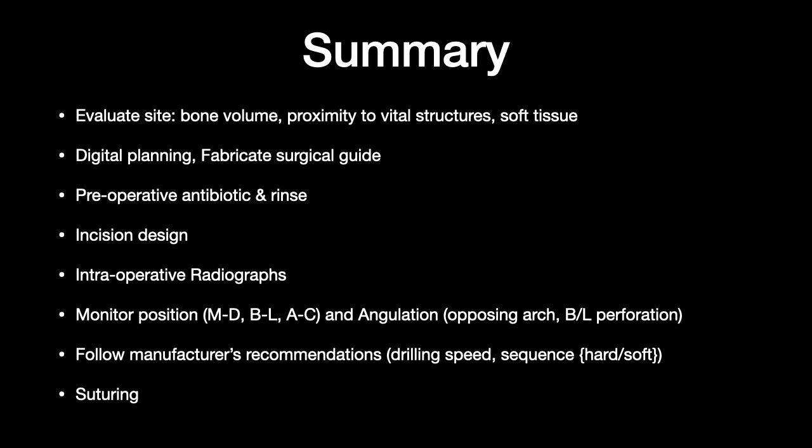We need to make sure that we're away from the nerves appropriately, at least 2 millimeters. If we're working on the maxillary arch, the nasal floor and the maxillary sinus floor need to be taken into consideration as well. Soft tissue should be evaluated clinically. It's preferable to have keratinized tissue all around the future crown of the implant for good oral care.